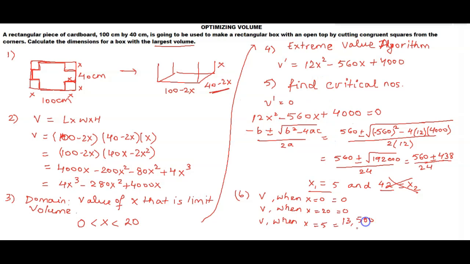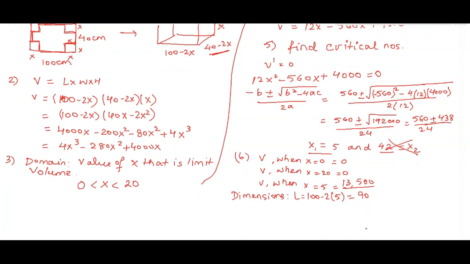Since this is going to be my largest possible volume, my dimensions for this box are going to be: length is 100 minus 2 times 5, which is going to be 90.